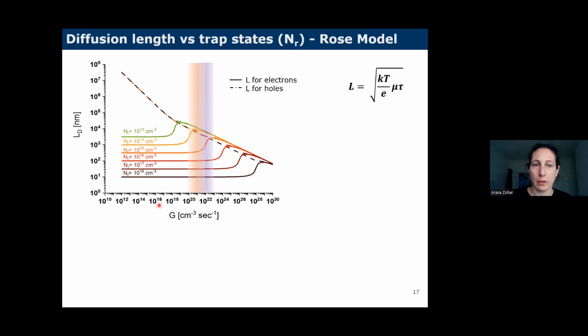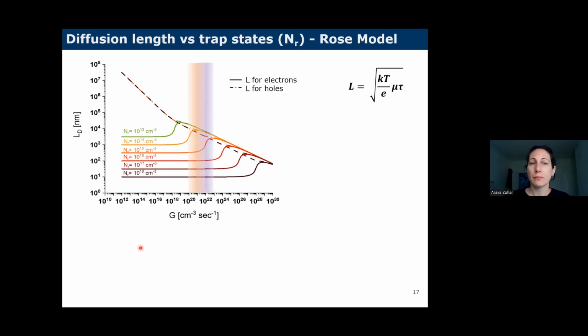So this is only a model and only theoretical. But what I'm presenting here on the x-axis is the amount of carriers that are generated as a function of time, which is like my illumination. The y-axis represents the diffusion length of the minority and the majority carriers, depending on dashed or full line.